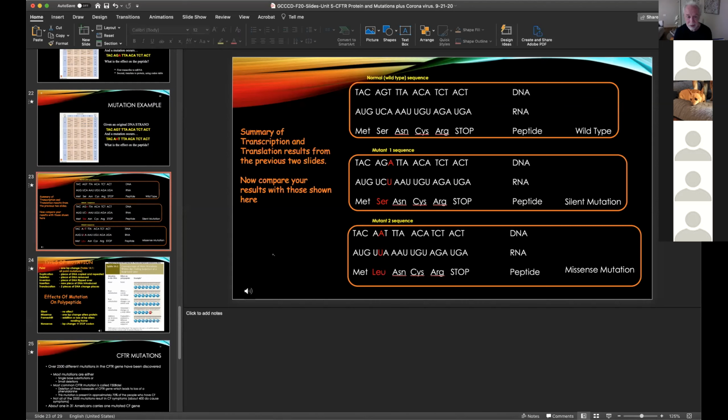The normal sequence, when you transcribe it and translate it, ends up with a peptide: methionine, serine, asparagine, cysteine, arginine, and stop. That's wild type. Now, in the case of the first mutant, this T in the original strand becomes an A, and when transcribed, becomes a T, but remember RNA doesn't have a T, so it's a U. And so instead of an AGA sequence, we have a UCU sequence.